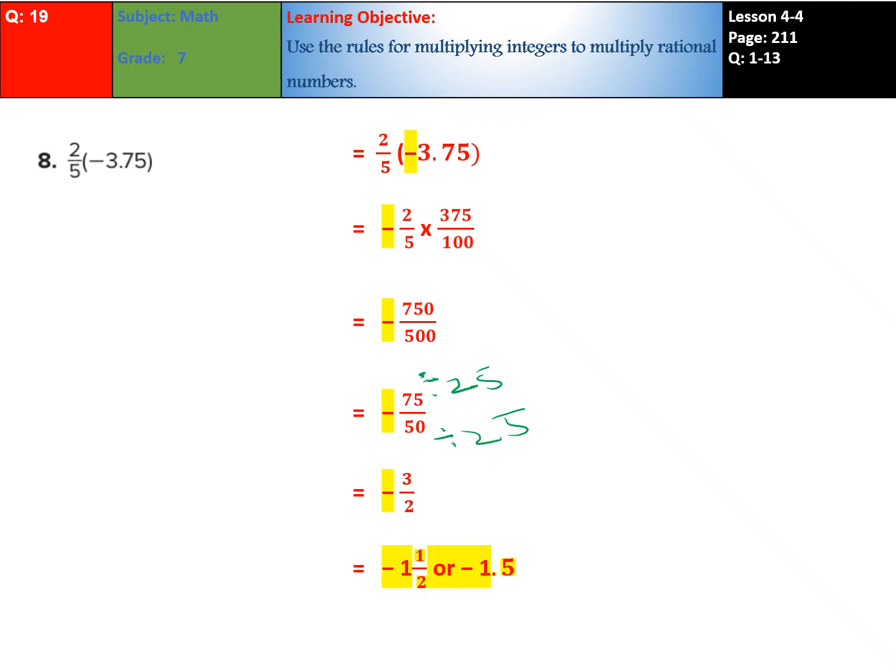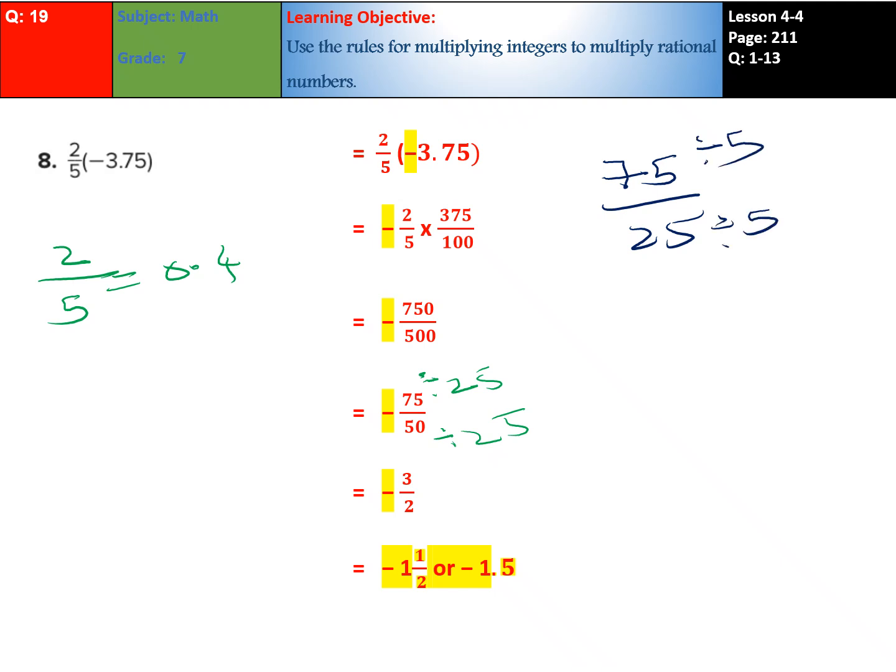And if you are writing 2 over 5, another method, you can write it as 0.4, and when you multiply them your answer will be a decimal. And in this step here also, if you don't know how to directly divide it with 25, no problem, you can divide it with 75 and 25 with 5 and 5. 75 divided by 5 will give you 15. 25 divided by 5 will give you 5.